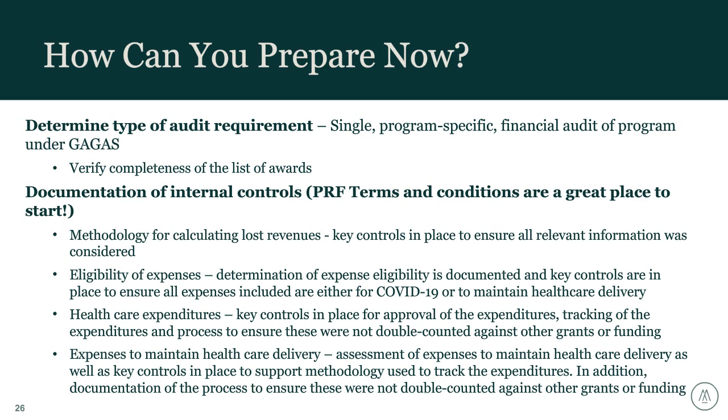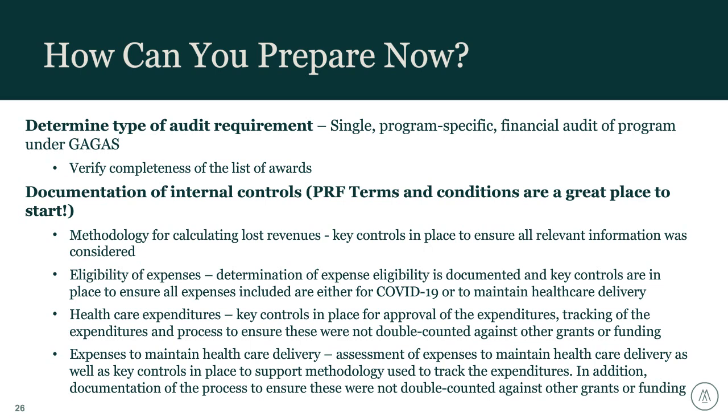And then, as Melaney and Georgia have talked about previously, there are the controls and documentation. It's going to be documenting the process and methodology for calculating the lost revenues, and looking at the expenses, whether it's the healthcare expenditures or the expenses to maintain healthcare delivery.